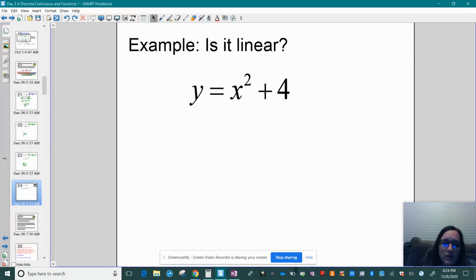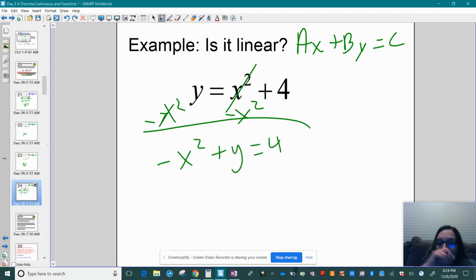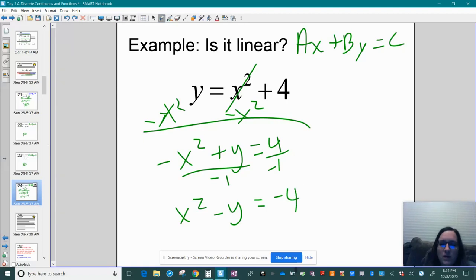Our goal is to get it into ax plus by equals c. We do have a y. We could subtract x squared from both sides. Whoa. But then we'd end up with a negative x squared plus y is equal to 4. We could get rid of the negative and divide everything by -1, which would leave us with x squared minus y is equal to -4.